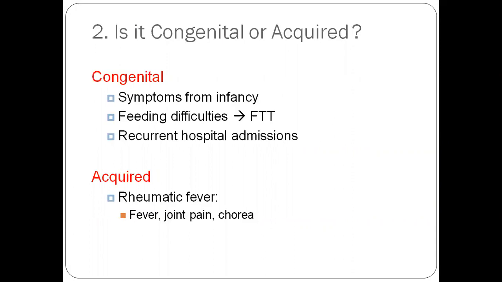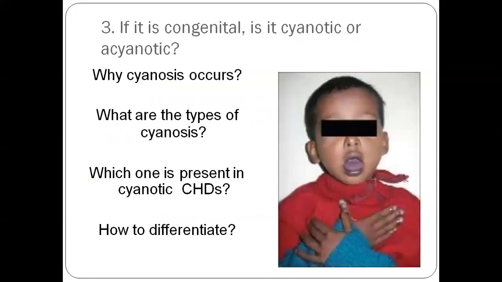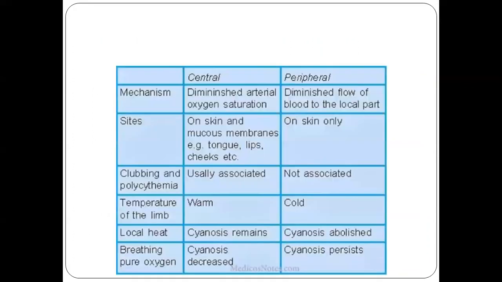Acquired heart disease is due to rheumatic fever, and the symptoms are fever, joint pain, and chorea. If it is congenital, is it cyanotic or acyanotic? Why does cyanosis occur, and what are the types of cyanosis? Which one is present in cyanotic congenital heart disease, and how do we differentiate? We will discuss this in further slides.